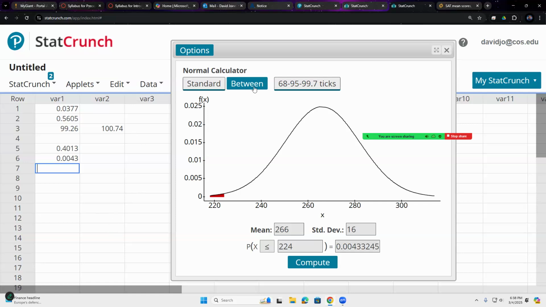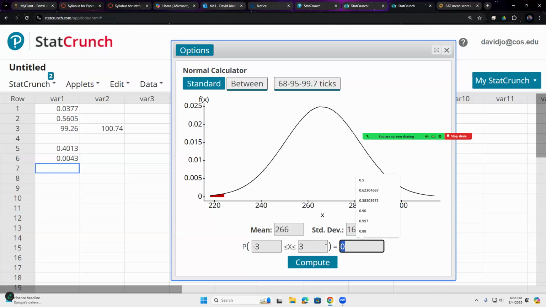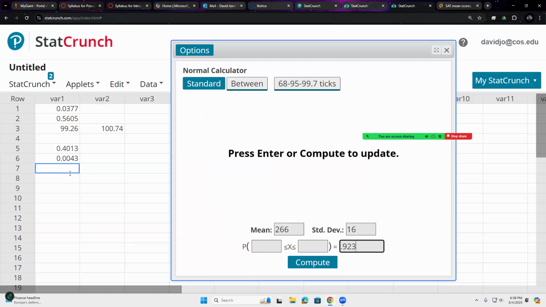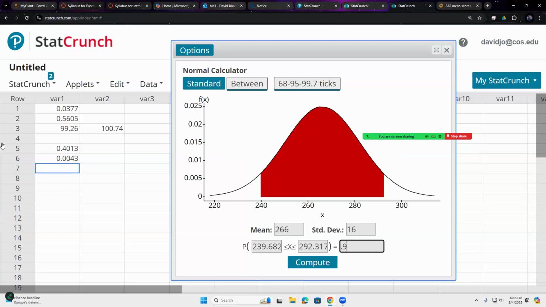And then we wanted the inner 90% rounded to the nearest day. So I'm gonna write down 2 values right here and we're gonna show what happens. 239.68 and 292.32.